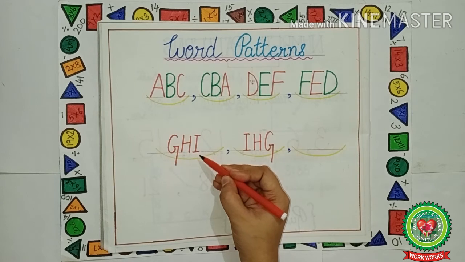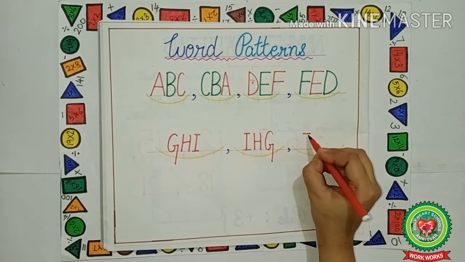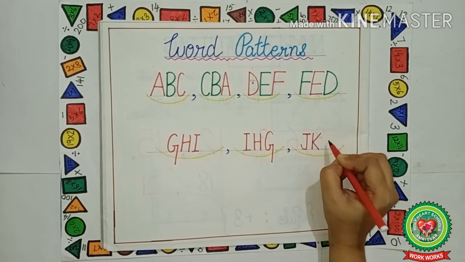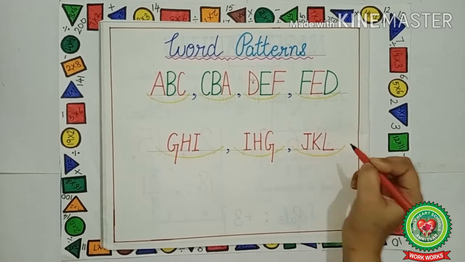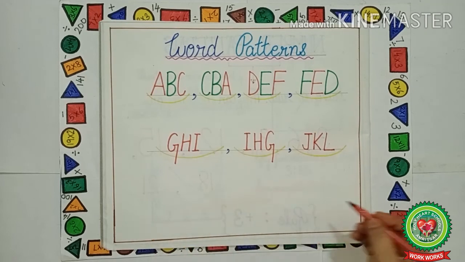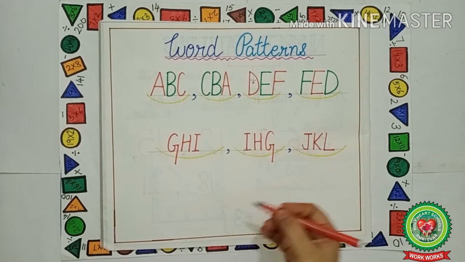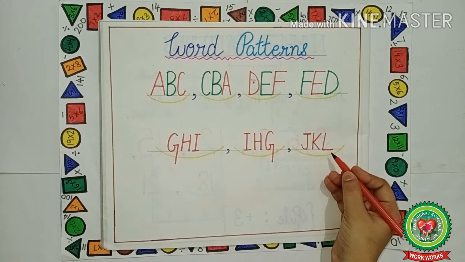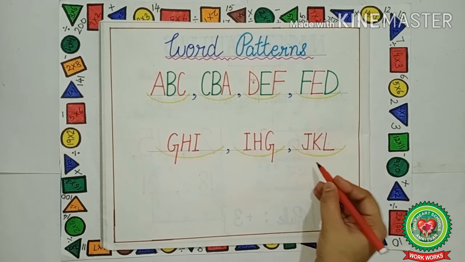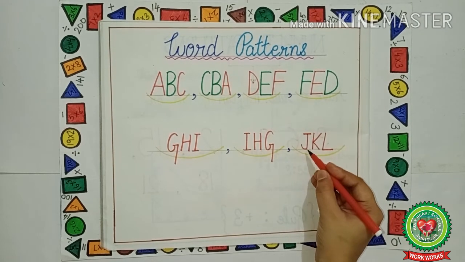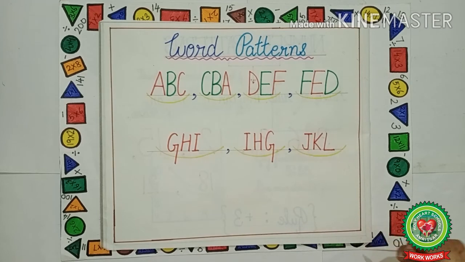That is J, K, L. In this way, we can continue with the pattern. If we have to write the next pattern after J, K, L, how will we write? We will just reverse these letters like L, K, J. In this way, we can go on.